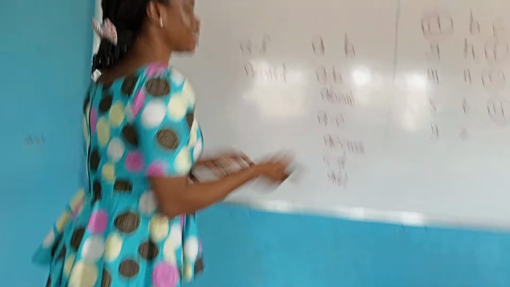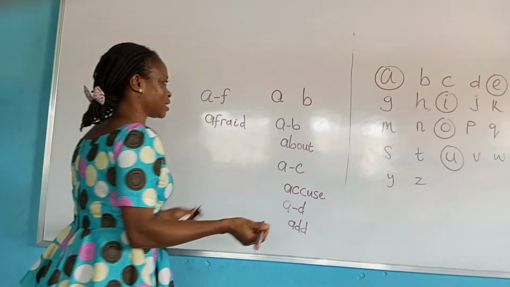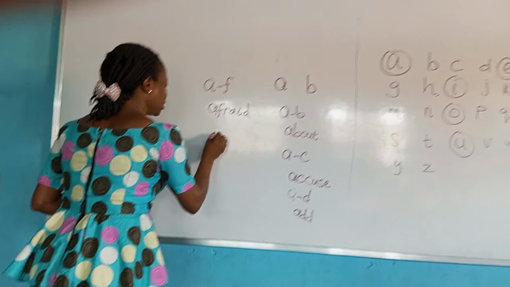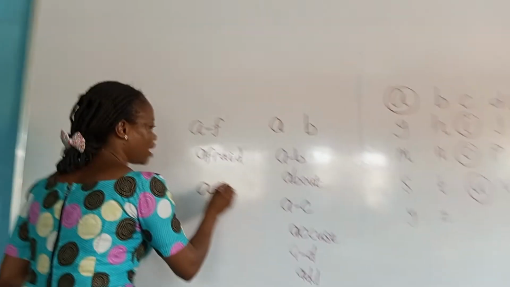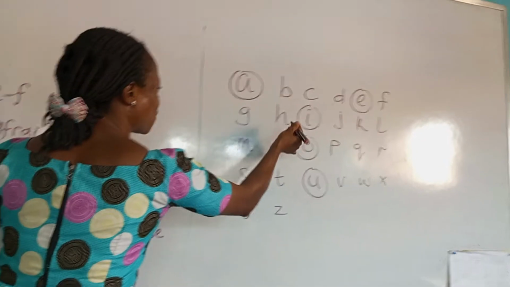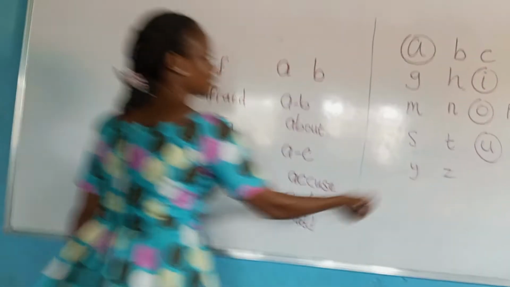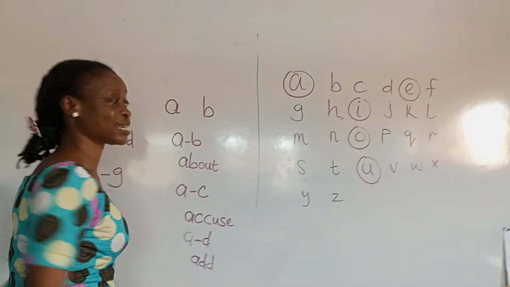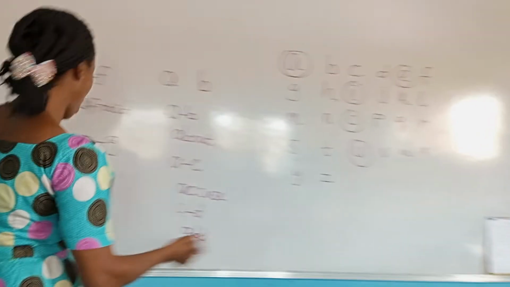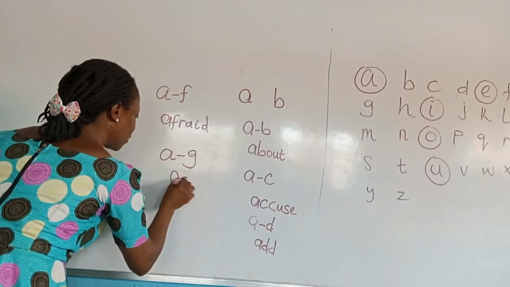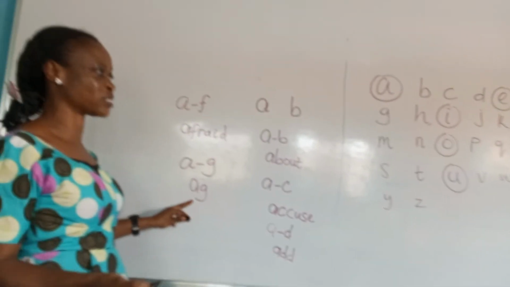Okay. Finally, the last one in the list is the combination of letter A and alphabet what? G. Letter A, sound A, and then letter G, sound G. When we join both of them together, we're going to produce this sound: ag.